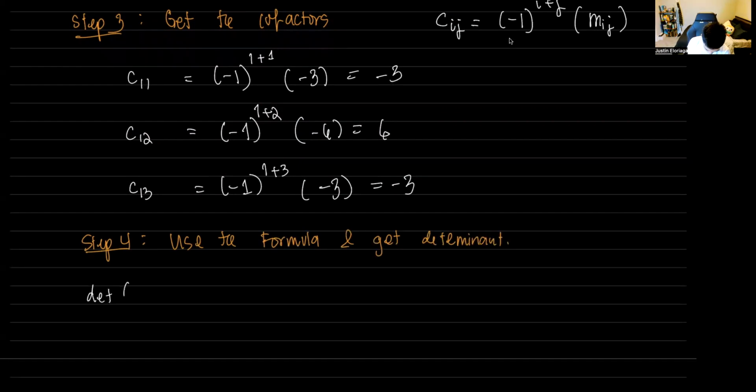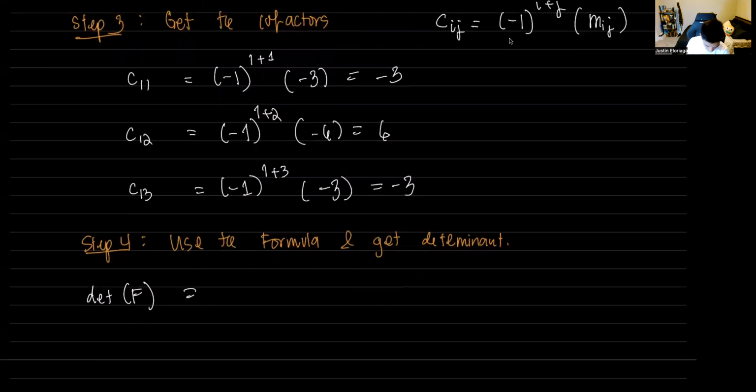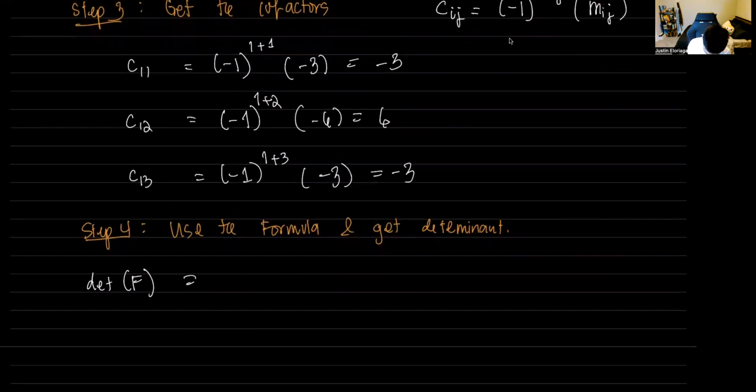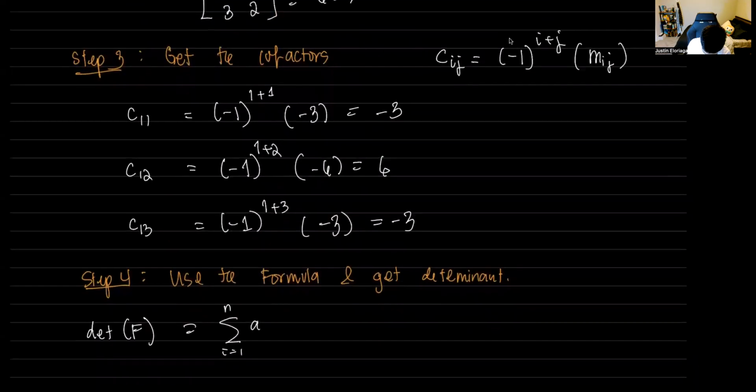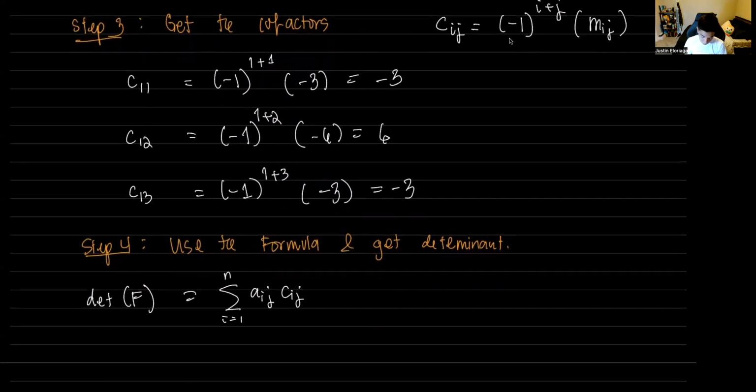The determinant of this matrix F is going to be equal to, in general form, the sum for j equal to 1 to n of a1j times C1j.